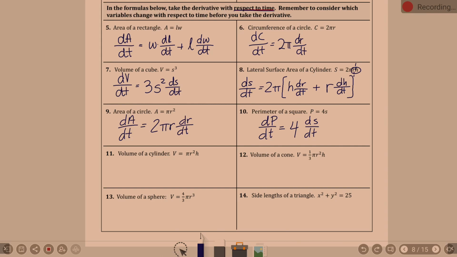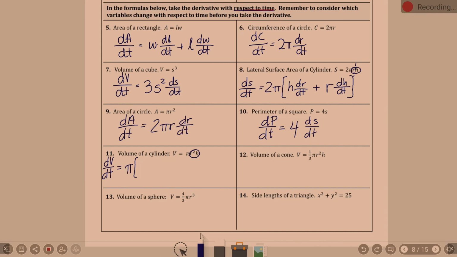What about 11? dB over dt. The same thing, like pi. Could we put the pi out front? You can. If we're just keeping the constant of pi out front and then taking the derivative of r squared h, there's not a 2 pi. So then, what are we doing?